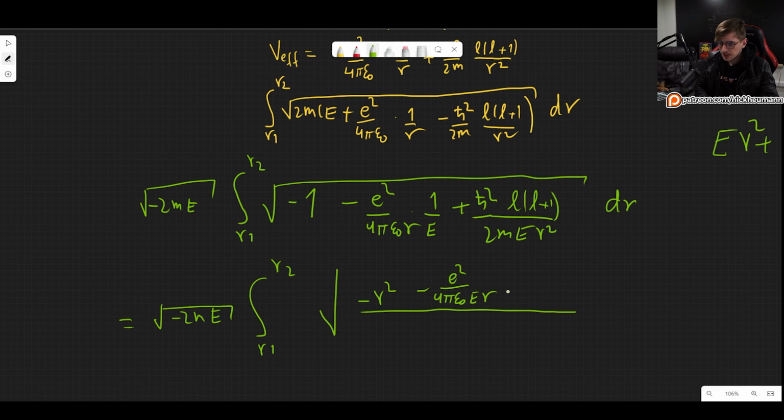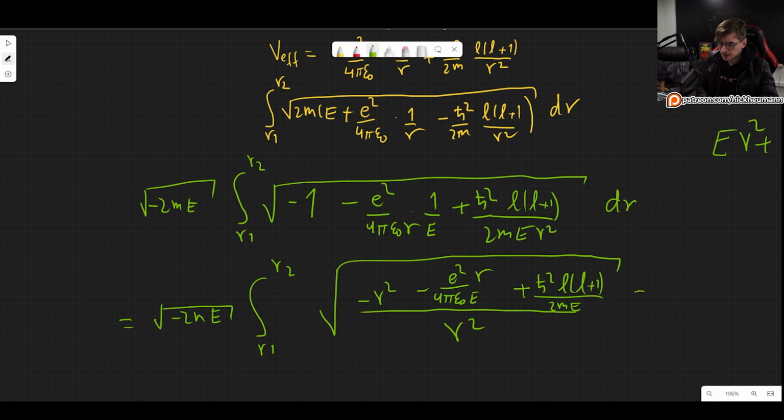And actually, if we take the square root here, we need to multiply by r, so we end up with this. Okay, there we go. And in this part here, we have plus h bar squared. We don't need to change anything there. So l(l plus 1) divided by 2me, and all of this is divided by r squared.